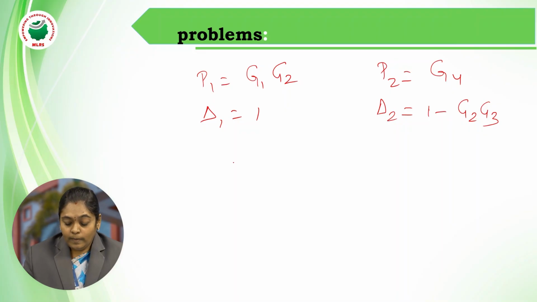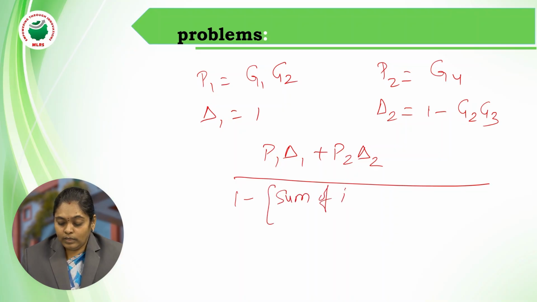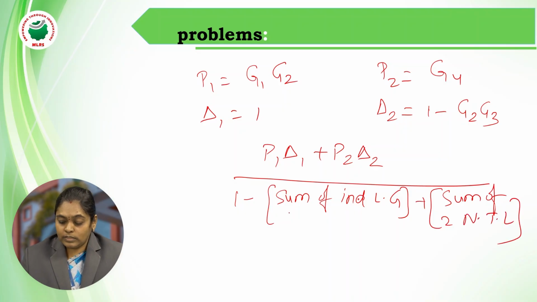As you know, Mason's gain formula is P1 delta 1 plus P2 delta 2 by delta, where delta is 1 minus the sum of individual loop gains plus the sum of two non-touching loops. So here, how many loop gains am I having? 2 loop gains. What are those 2 loop gains?